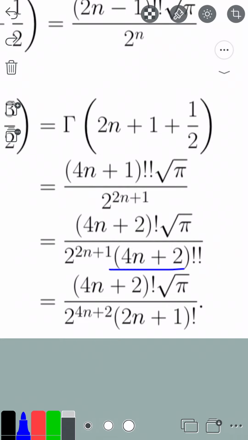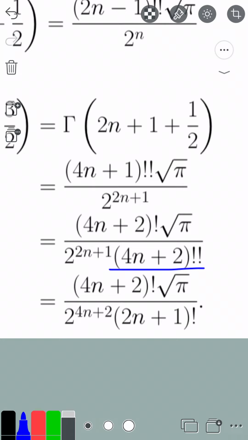And then this 4n plus 2 double factorial has a nice form. 4n plus 2 is 2 times 2n plus 1.